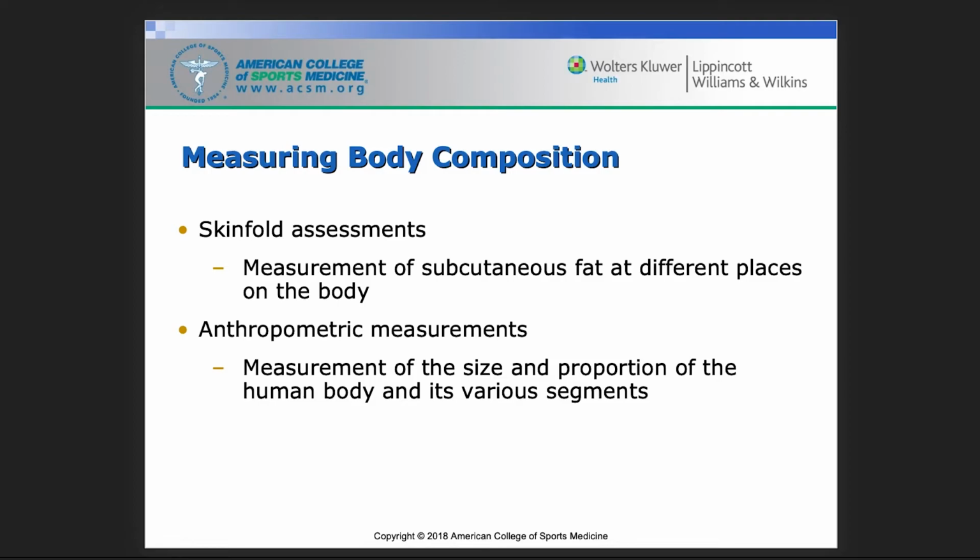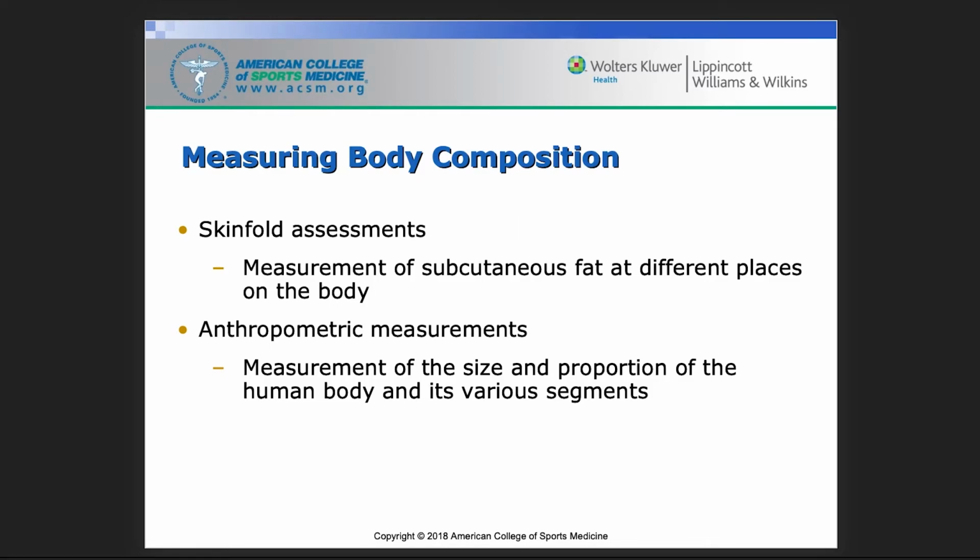Other ways of measuring body composition: skin folds. So the little calipers, and there are many different types of these calipers. Some of the very cheap ones can be accurate enough depending upon the person. But these are essentially measuring the subcutaneous fat underneath the skin. You need to make sure to measure the fat, not the muscle, and the skin.